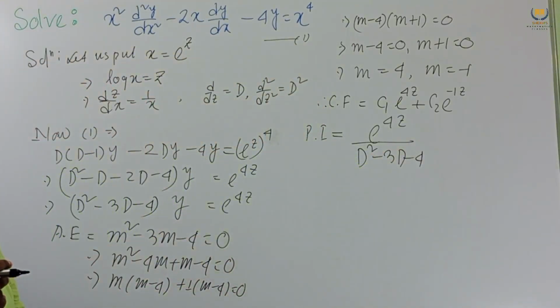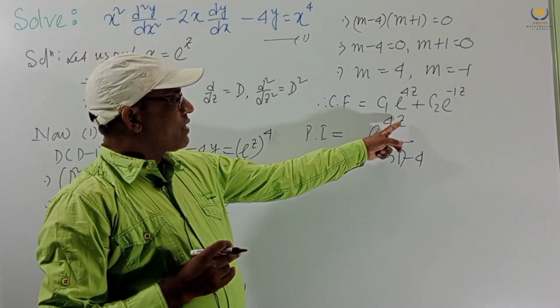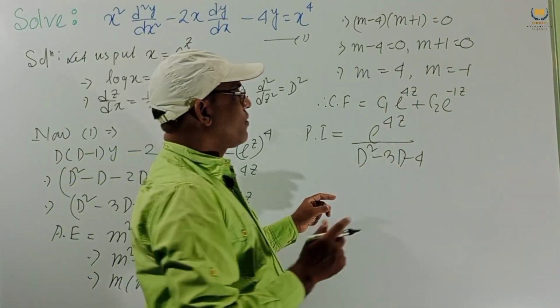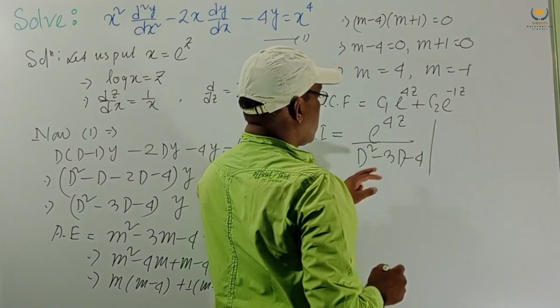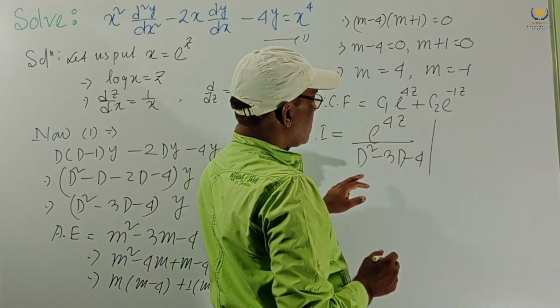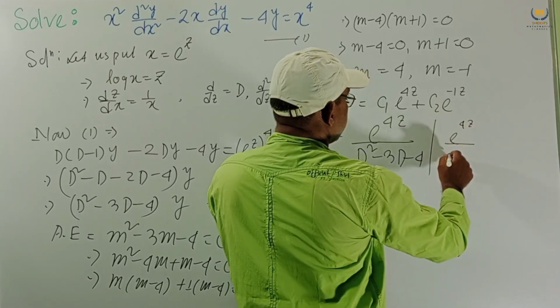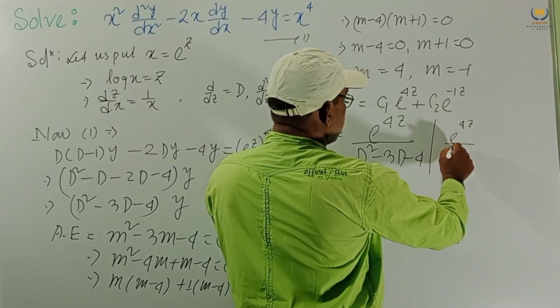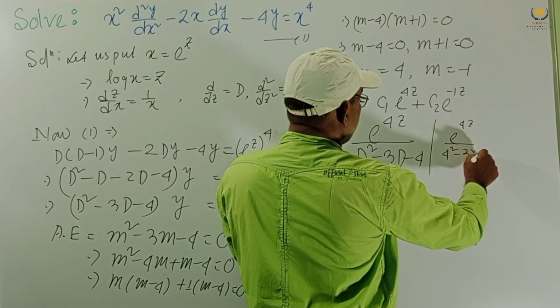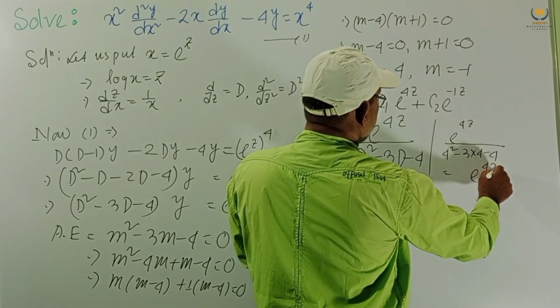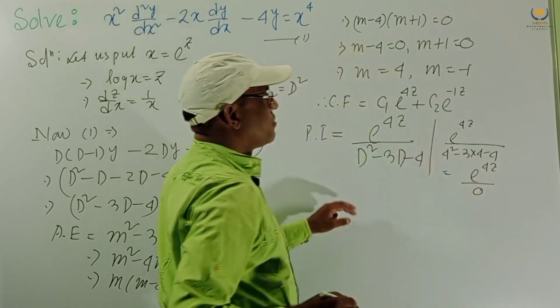This is exponential, so we put the coefficient of z, which is 4, in place of D. In the denominator I calculate separately: 4 square minus 3 into 4 minus 4. So what we get is e to the power 4z by 0.